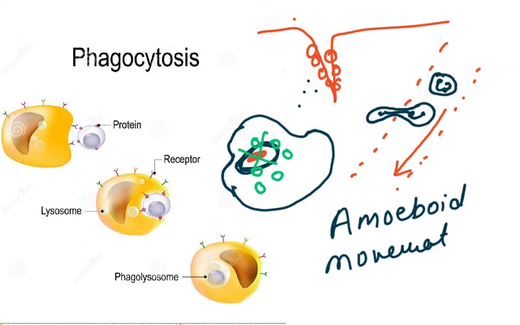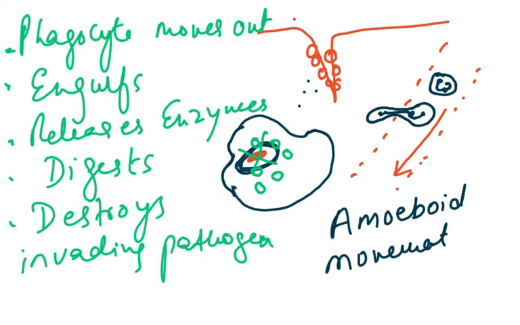So, number one, the phagocyte moves out. As the phagocyte moves out of the capillary, please understand phagocytes can only move out of capillaries. Capillaries are the only thing which are one cell thick. They cannot move out of arteries or veins. So the phagocyte moves out of capillaries because it's attracted by that chemical called histamine, which was released by the damaged cells.